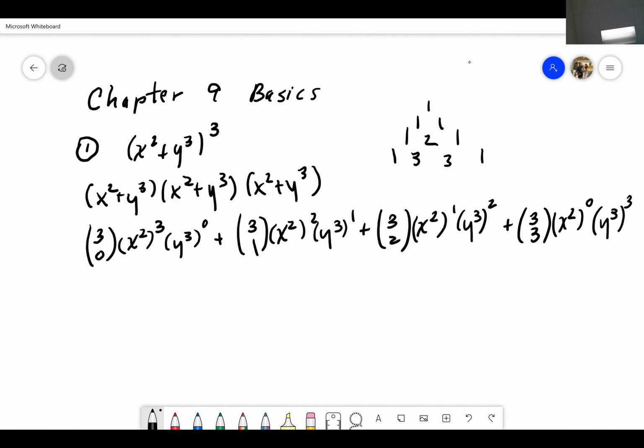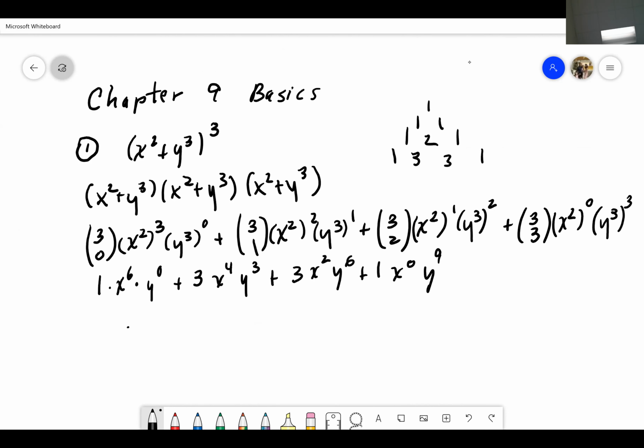And you know that this is going to be 1 x to the 6 times y to the 0 plus 3 x to the 4, y to the third, right? Plus 3 x to the second, y to the 6th, plus 1 x to the 0, y to the 9th.